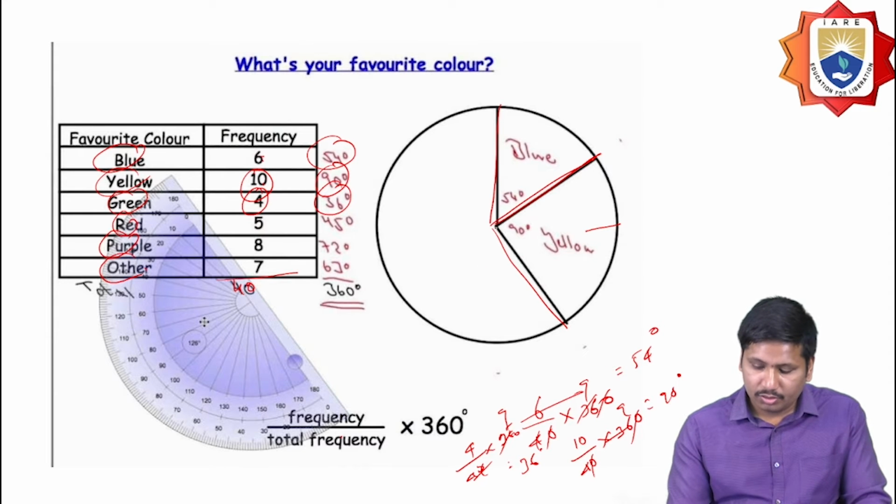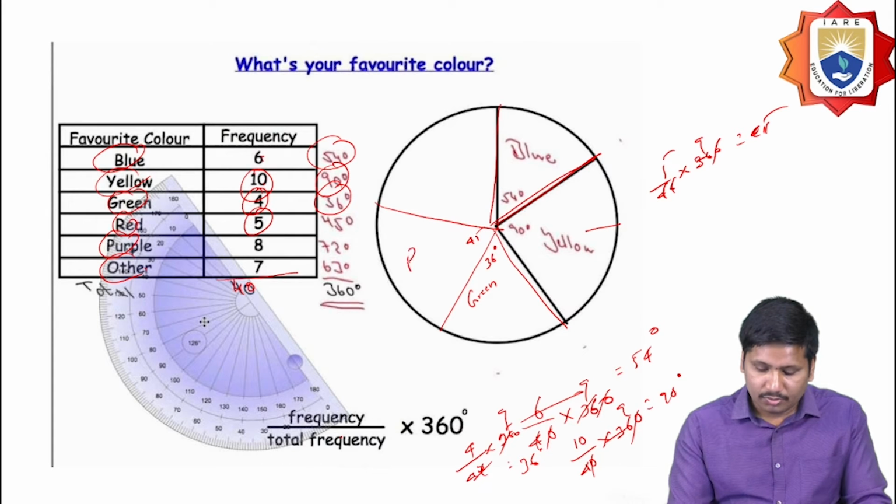So I can draw green at an angle of 36 degrees. Similarly, for red, 5 divided by 40 into 360, 45. So I can write 45 here, and this is for red.